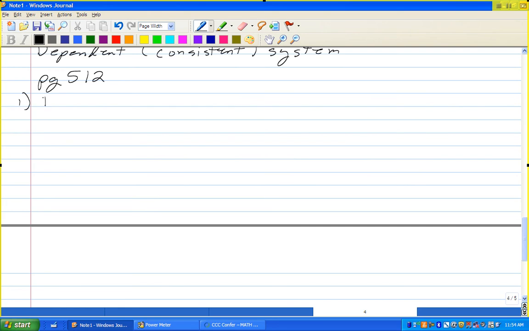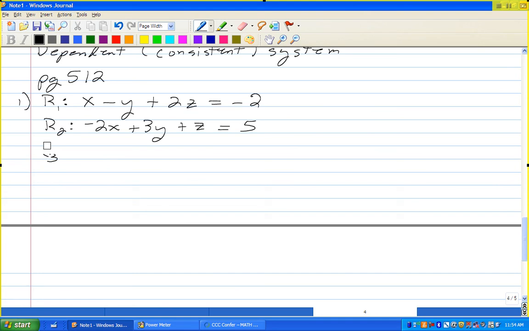And let me call this first equation R1. So I'll label everything so hopefully we don't get lost. x minus y plus 2z equals -2. -2x plus 3y plus z equaling 3. -x plus y plus 3z equaling 2.